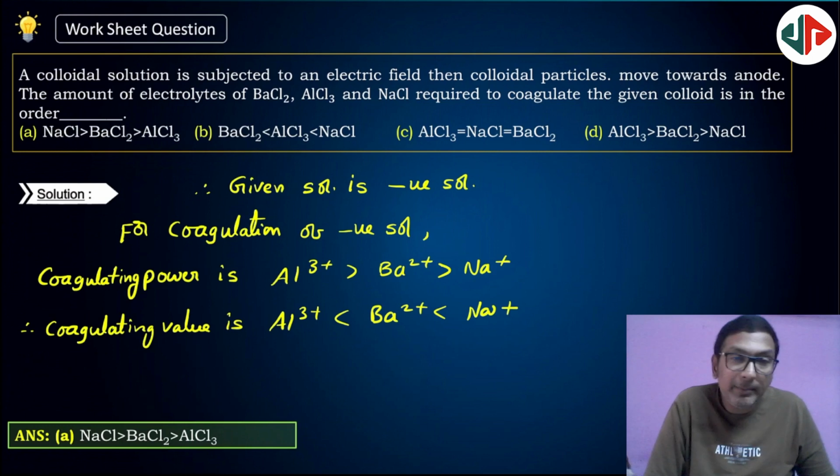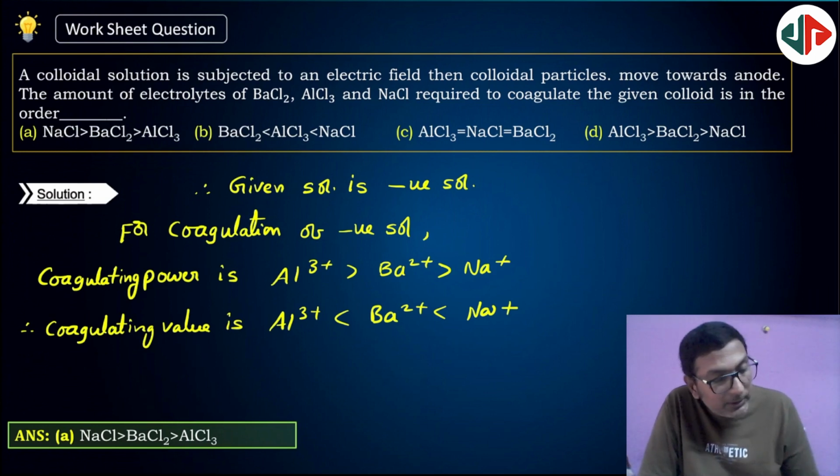So coagulating power and coagulating value are inversely proportional to each other. Therefore, more amount of NaCl is required due to low amount of charge. So option A.